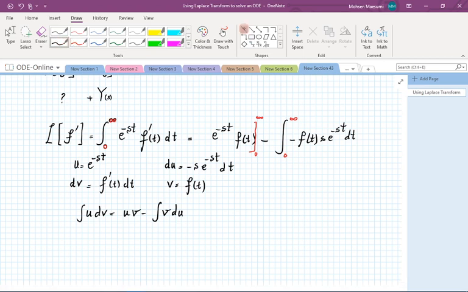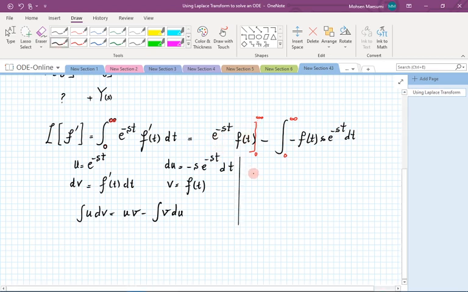Now in all of these problems we consider functions that at plus infinity will be dominated by these exponentials and tend towards 0. So f of t, whatever exponential it is, is not going to grow as fast as the exponential of minus st at infinity, and at infinity this product is supposed to tend to 0.